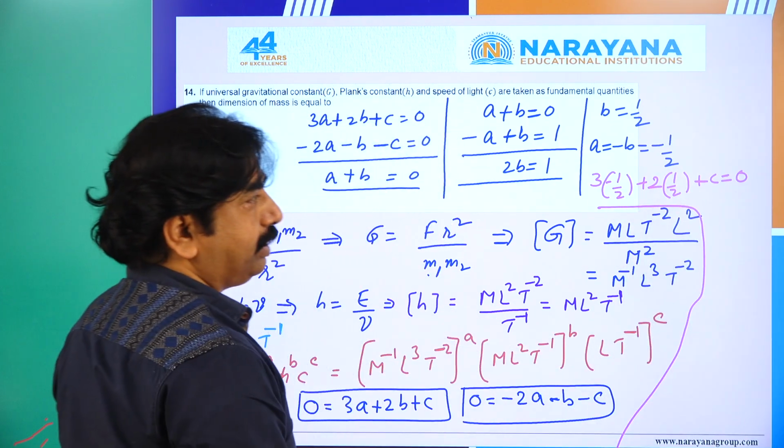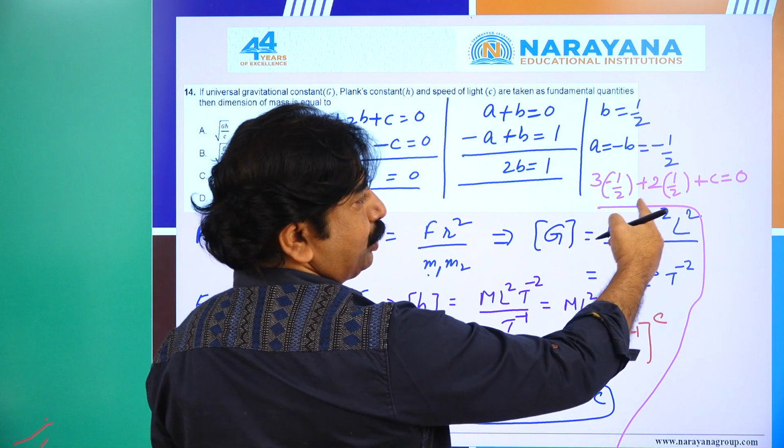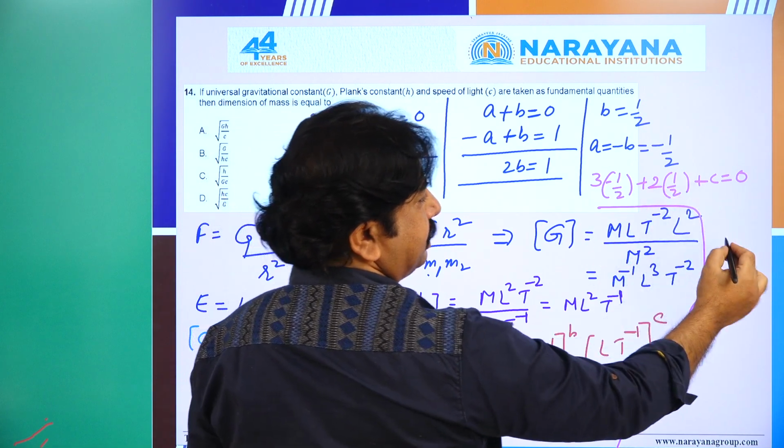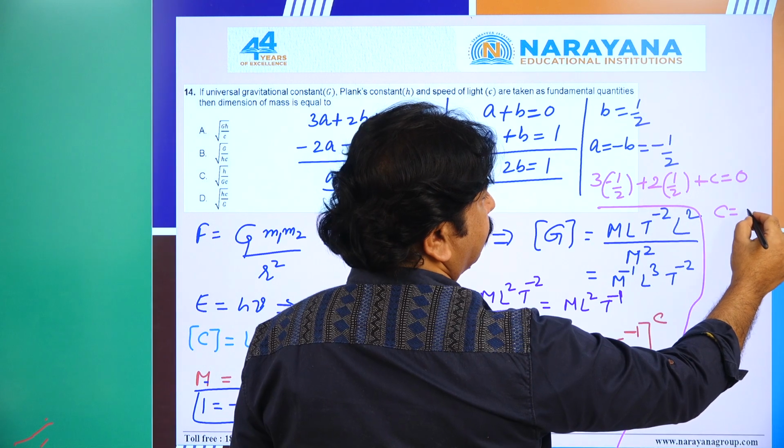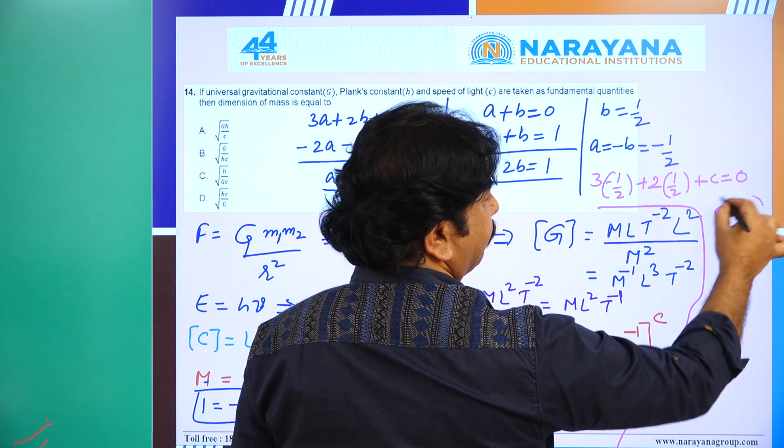So finally, minus 3 by 2 plus 1 plus c is equal to 0, and c is equal to 1 by 2 only.